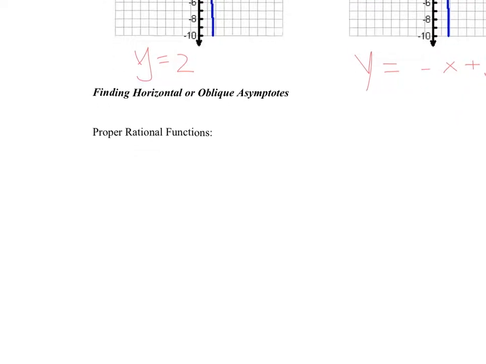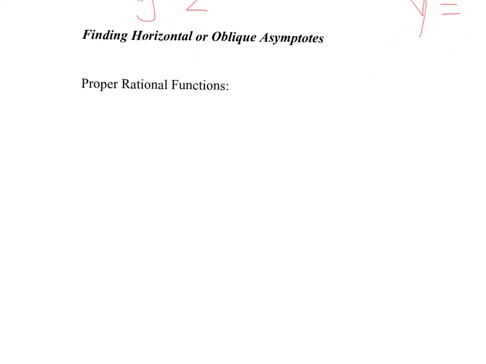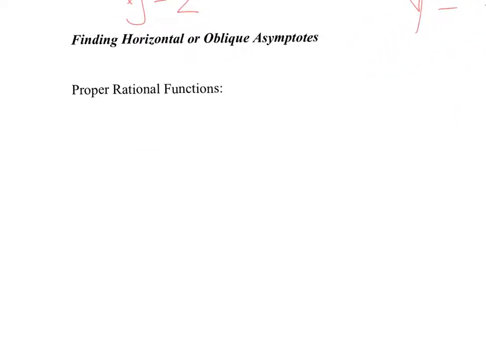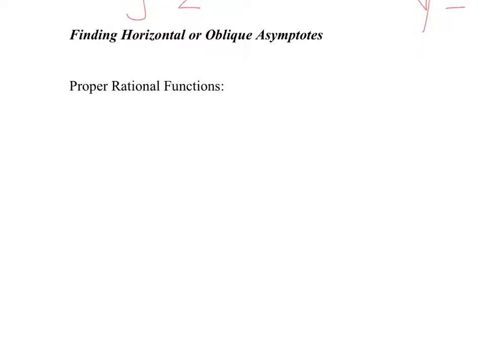So let's go ahead and talk about how to find a horizontal or oblique asymptote. And we're going to be able to do this from the equation of the function. So we have to identify between proper rational functions and then improper rational functions.